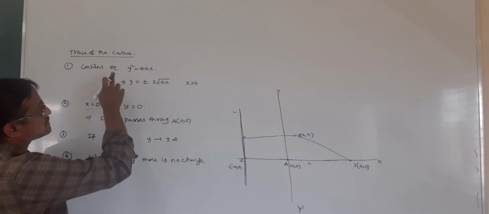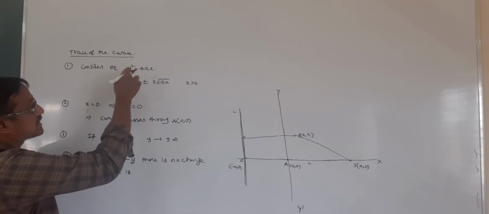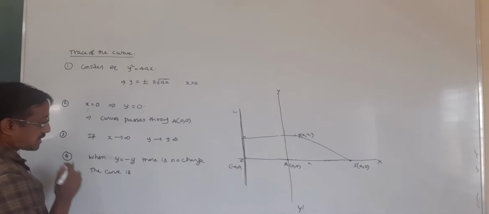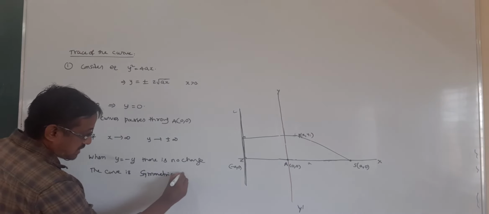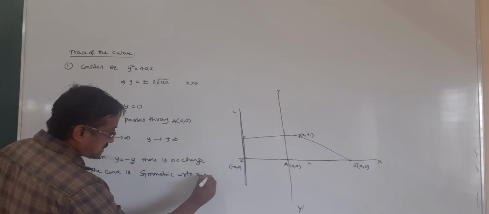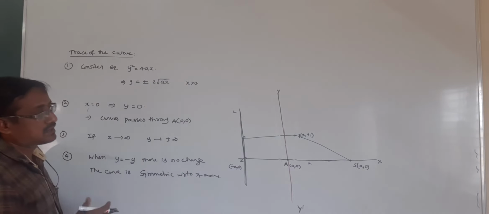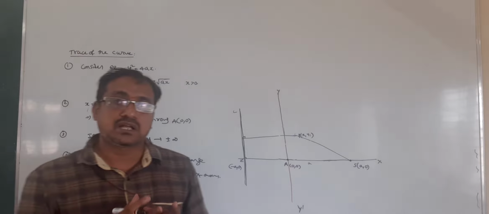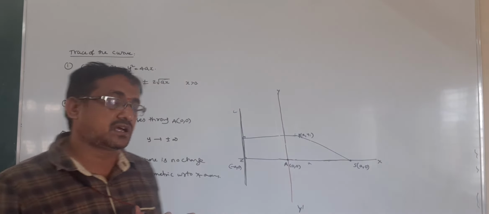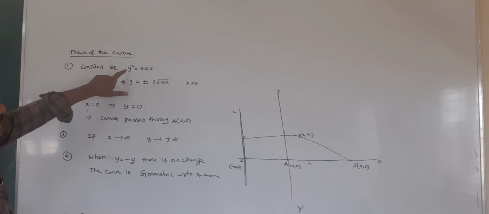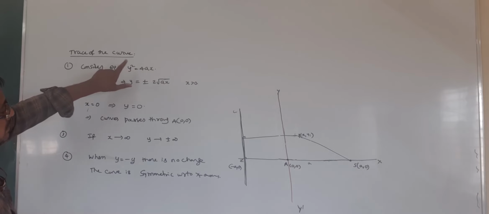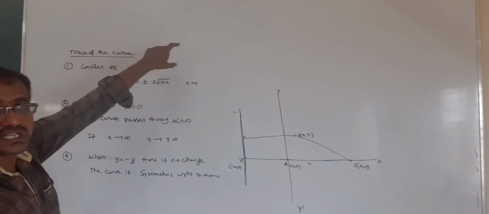If you write (minus y) whole square, you will get again y square. That means the curve is symmetric with respect to the x-axis. Very important point. The curve is symmetric with respect to the x-axis.